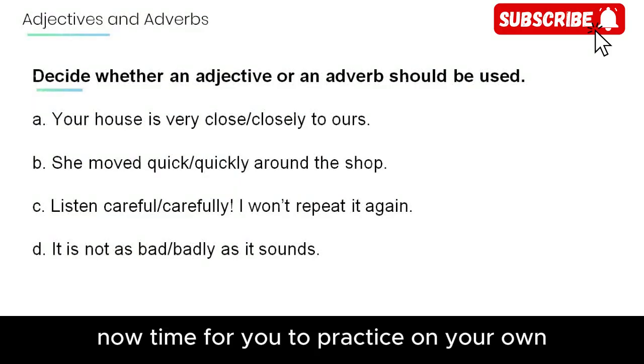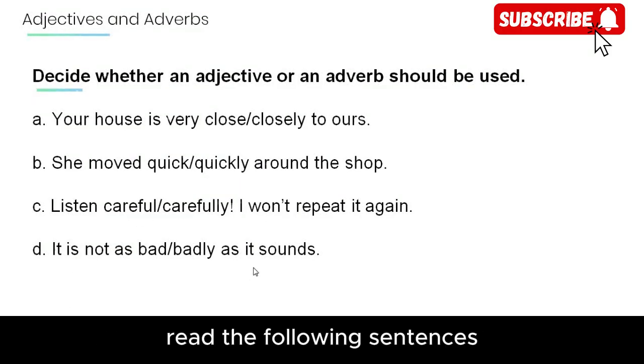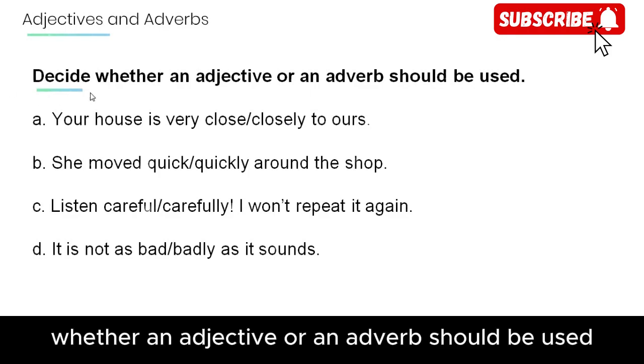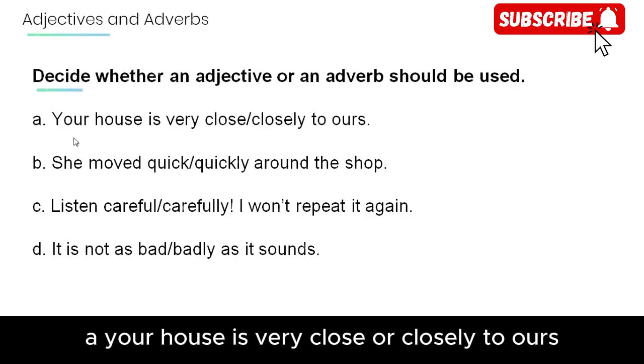Now time for you to practice on your own. Read the following sentences and decide whether an adjective or an adverb should be used. A. Your house is very close or closely to ours.